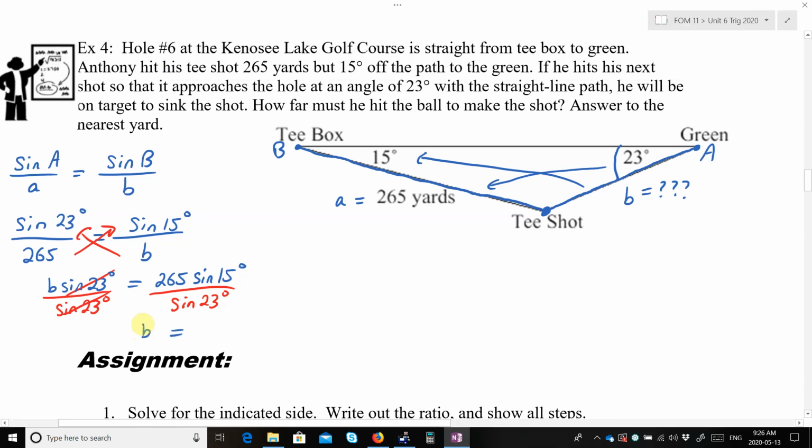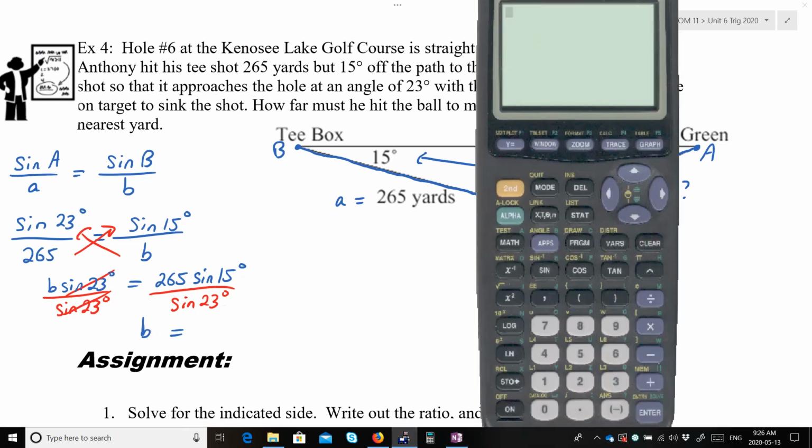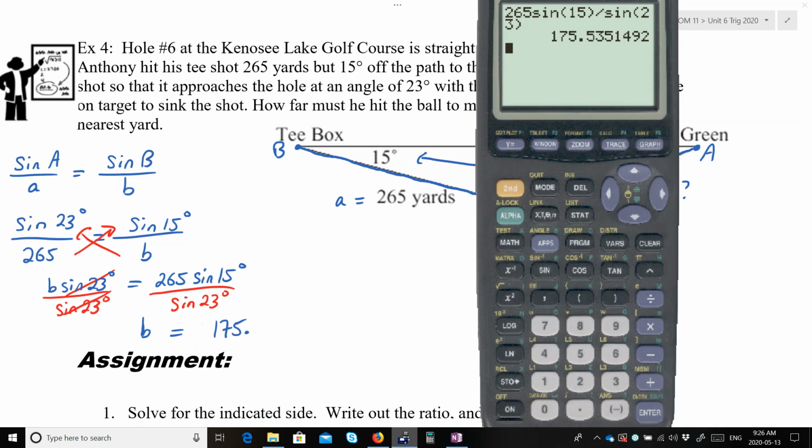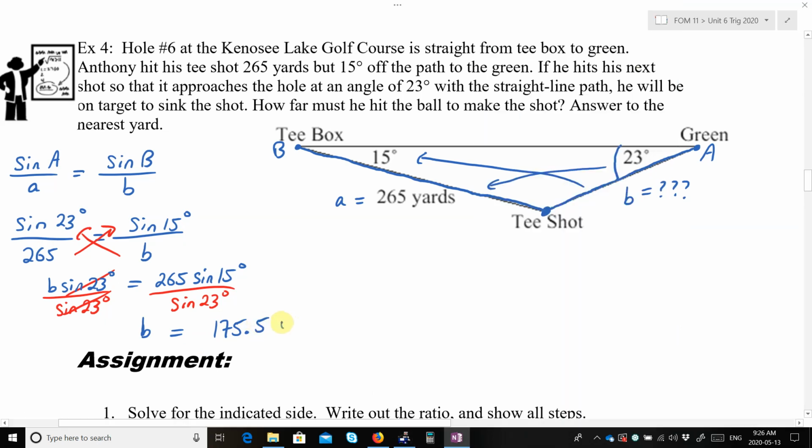And so b is equal to 265 times sine 15, and then divide that by sine 23, and we get 175.5 yards.